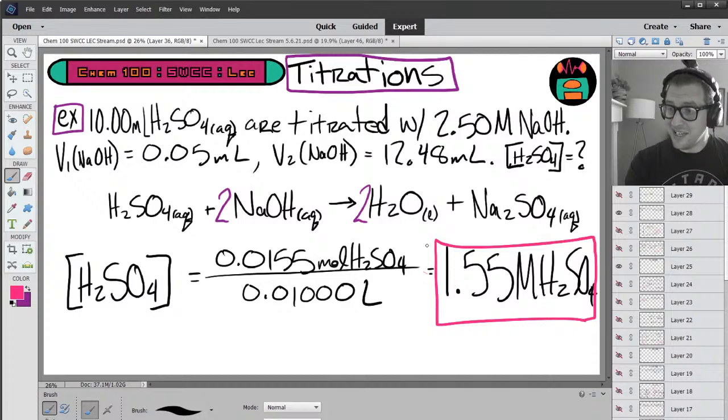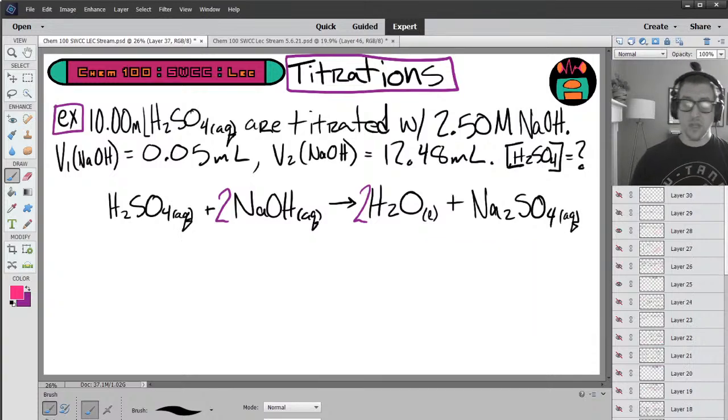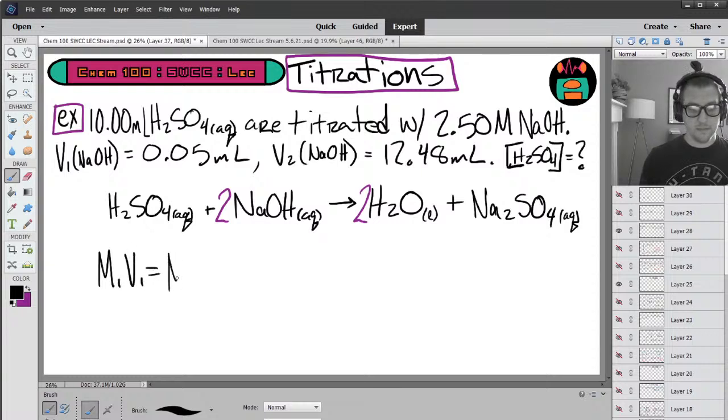This is not the end of titrations. We're going to talk more about them next week, but I want to end with just a warning. Students are often tempted to use this equation for titration problems: the dilution equation, M1V1 equals M2V2.